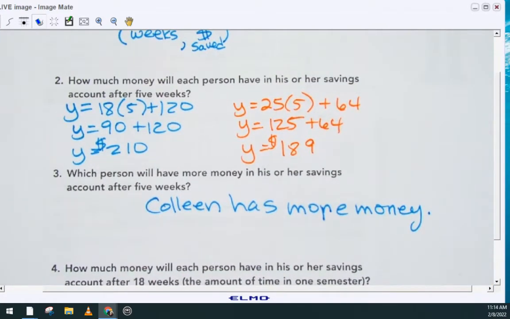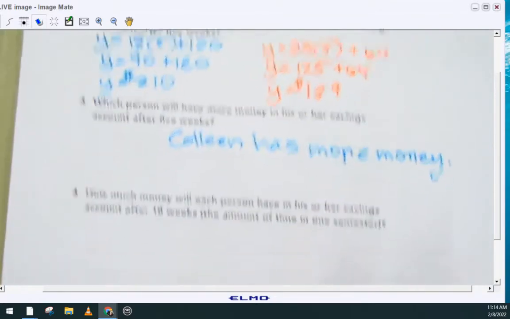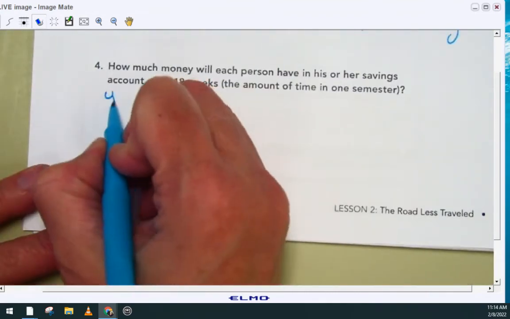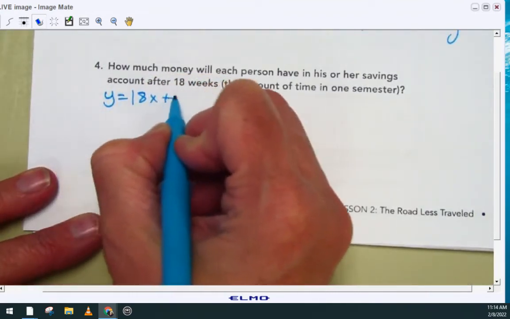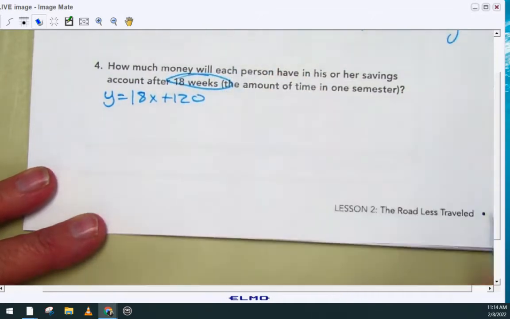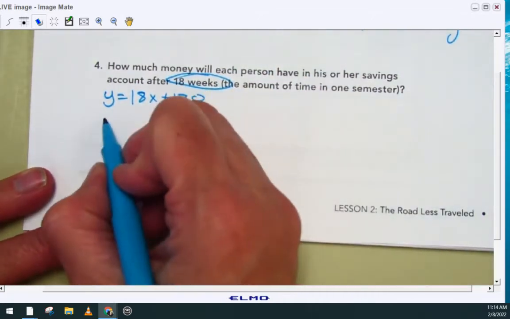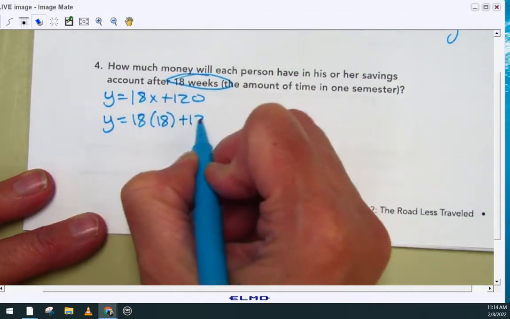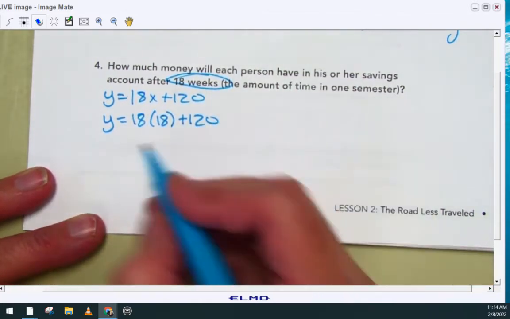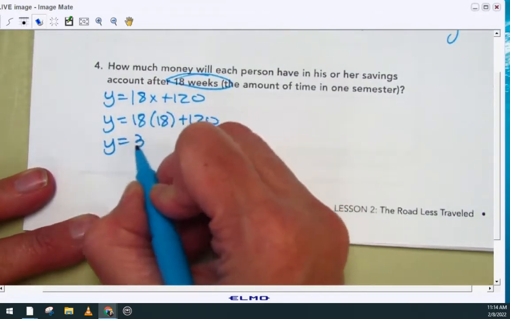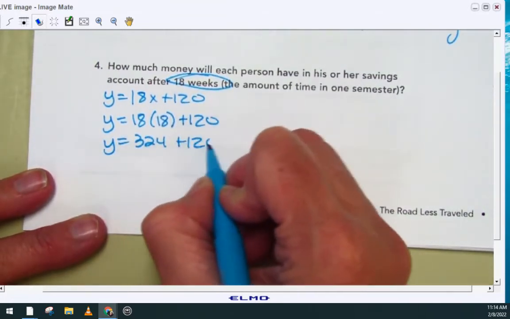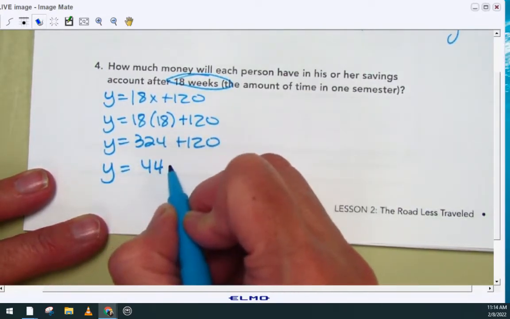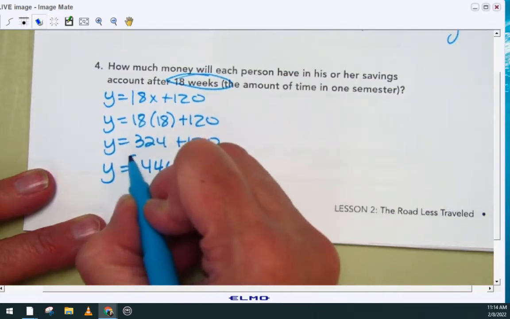How much money will each person have in his or her savings account after 18 weeks? So we're doing the same thing, except instead of using 5, we're going to put 18 in. So 18 times 18 plus 120. 324 plus 120. And that's going to equal 444.